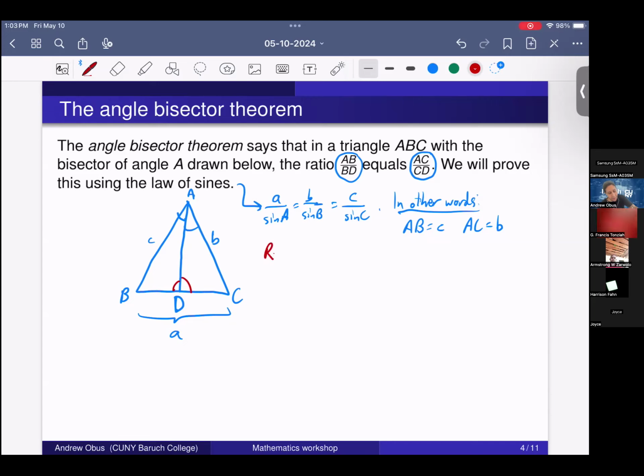So the red angles add to 180 degrees, and we know that sine of x is equal to sine of 180 degrees minus x. This is true either using the subtraction formula or by using reference angles.